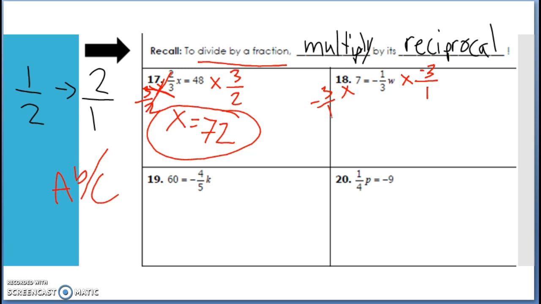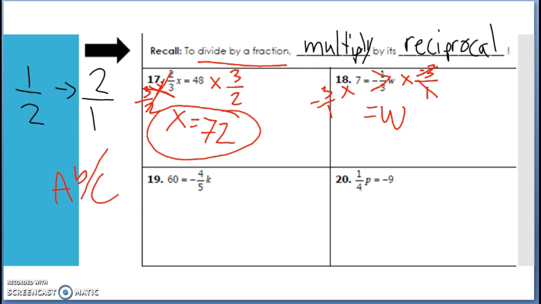Because a negative 1/3 times a negative 3/1 makes a positive. So negative 3 cancels with that negative 3. 1 cancels with 1. So that's how we get w alone. If both of those were negative, it would say negative 3 divided by negative 1, which is a positive 3. So the negatives wouldn't cancel.